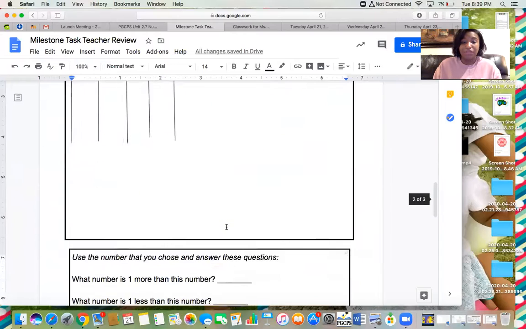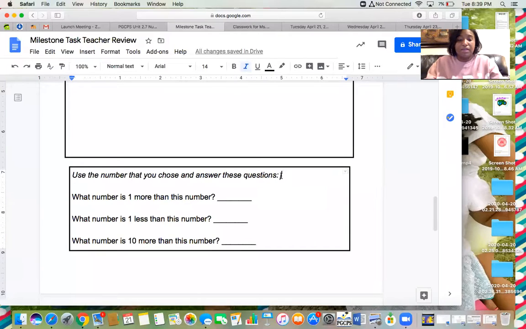I have the number 352, and I'm going to write it right here so I can remember it. Then it says, what number is one more than this number?